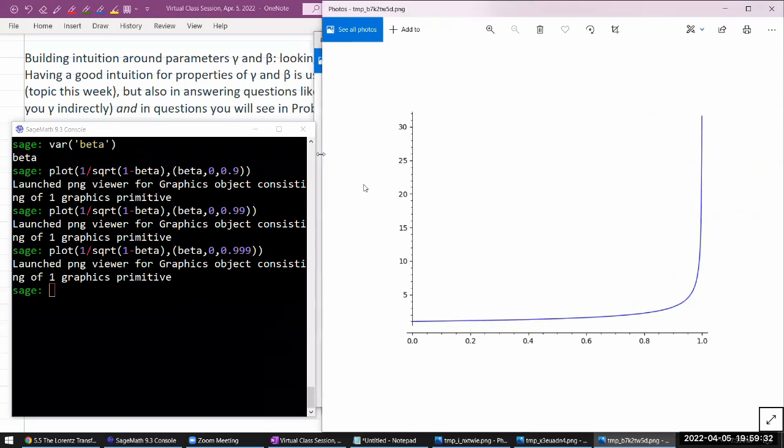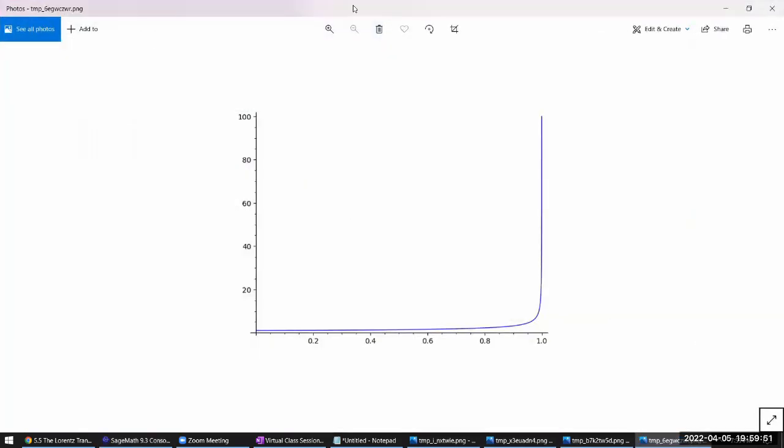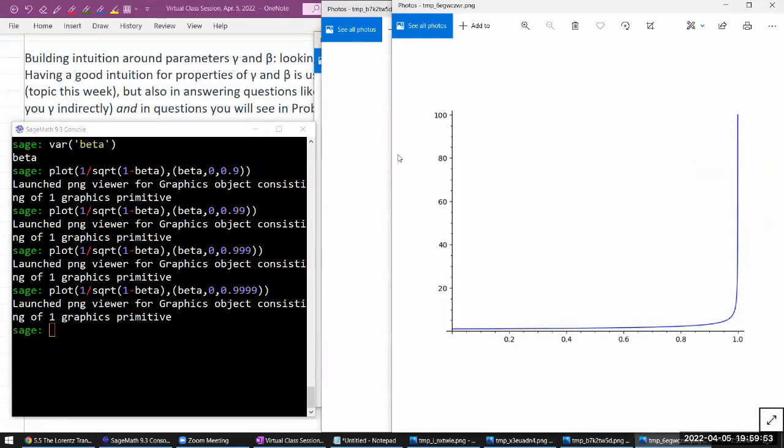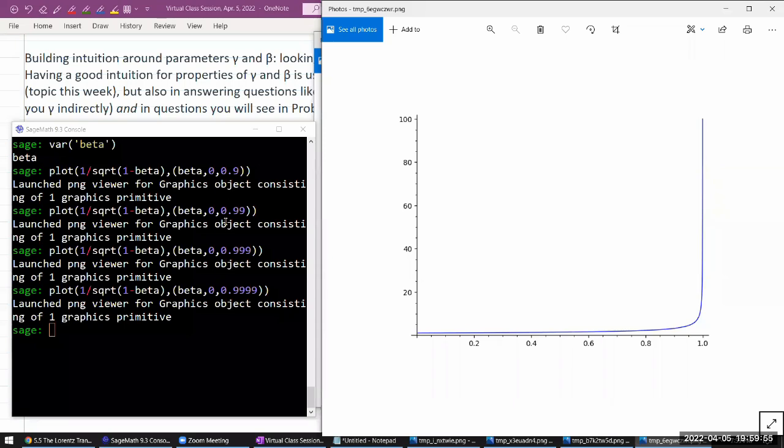As beta approaches 1, this will be approaching a vertical asymptote. So for massive particles, beta can never equal 1. And as beta gets ever closer, infinitesimally closer, to 1, your gamma will increase without limit.